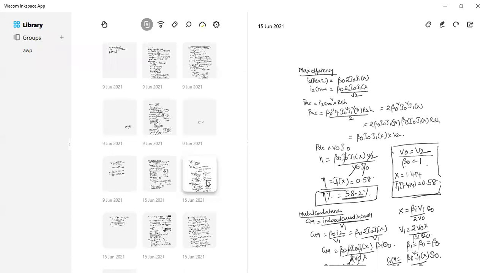It is the ideal efficiency because we have taken V2 is equal to V naught and beta naught is equal to 1. The coupling coefficient is maximum, 100% coupling is happening; those are the conditions we have taken. That is the reason we are getting the maximum efficiency, 58.2.